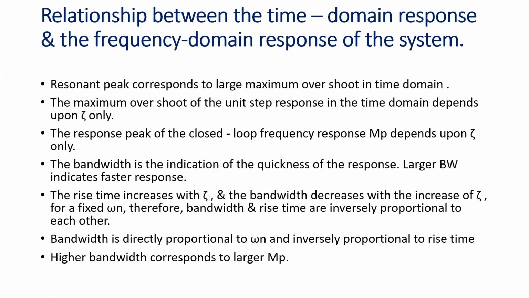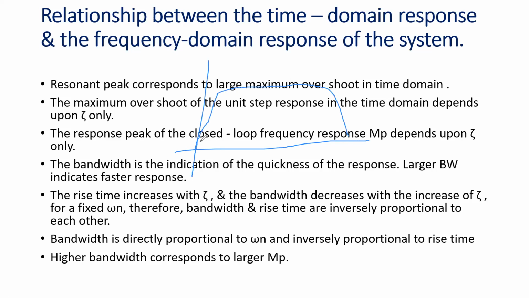Next, the bandwidth is the indication of the quickness of response. How quickly the system responds depends on the bandwidth. Larger bandwidth indicates faster response. How do we show that? Suppose I have a response like this, it is larger bandwidth.